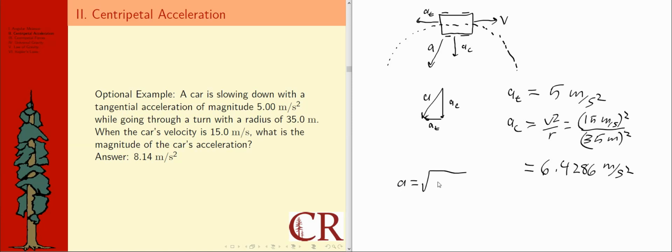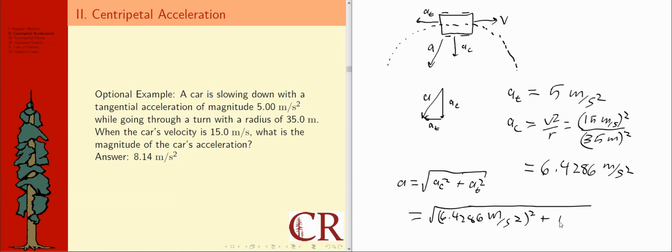You want to do the square root of the centripetal acceleration squared plus the tangential acceleration squared. So in my calculator, I'm going to input 6.4286 meters per second squared, squared, plus the 5 meters per second squared, also squared.